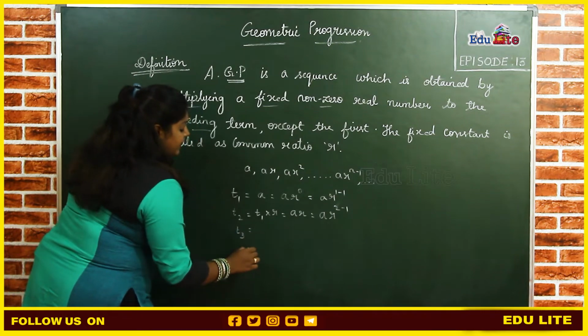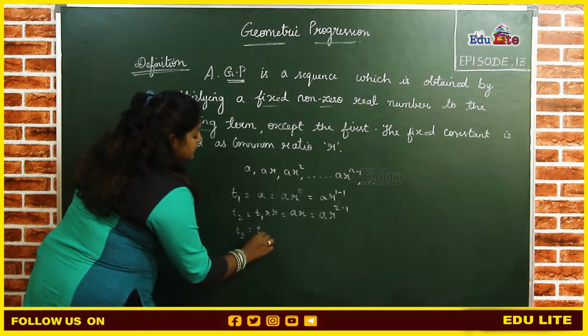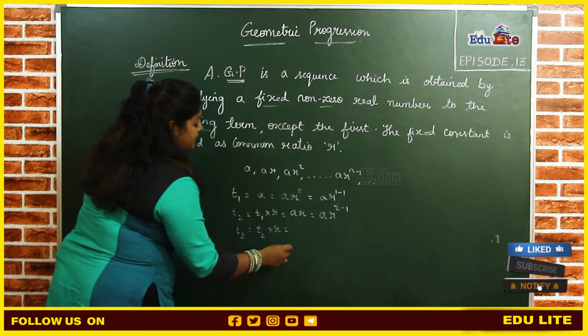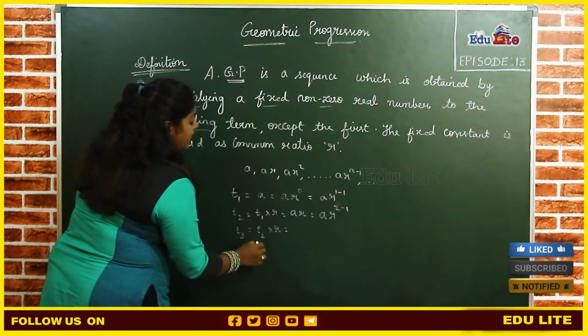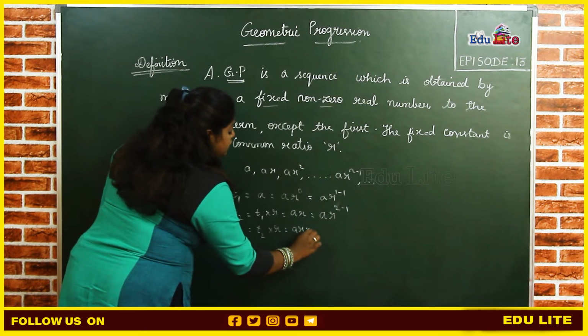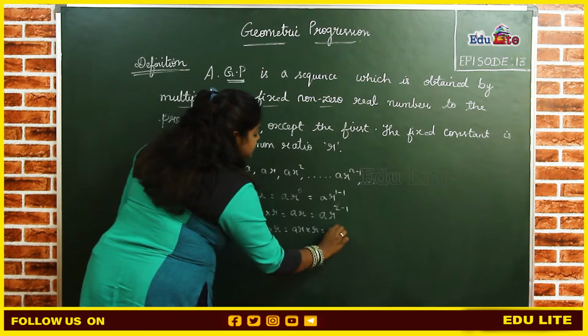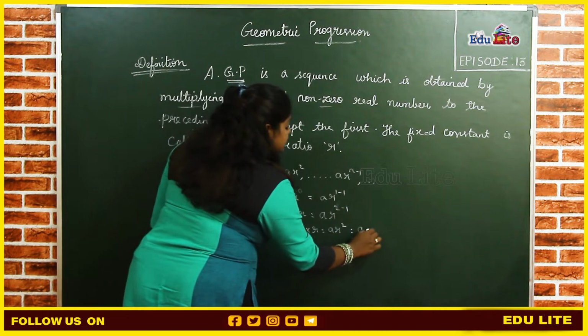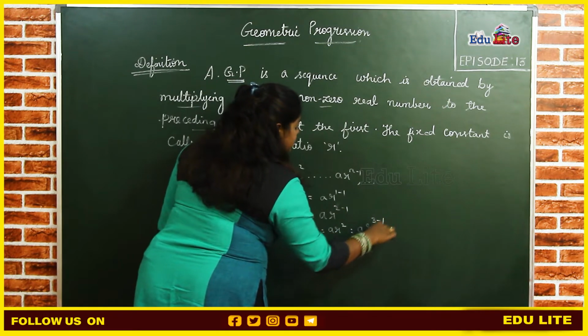Similarly, T3 we can write as T2 into R. This is the common ratio we are multiplying. Therefore, what will we get? The value of T2 is AR into R, which we will get as AR square, and this AR square can be expressed as AR power 3 minus 1.